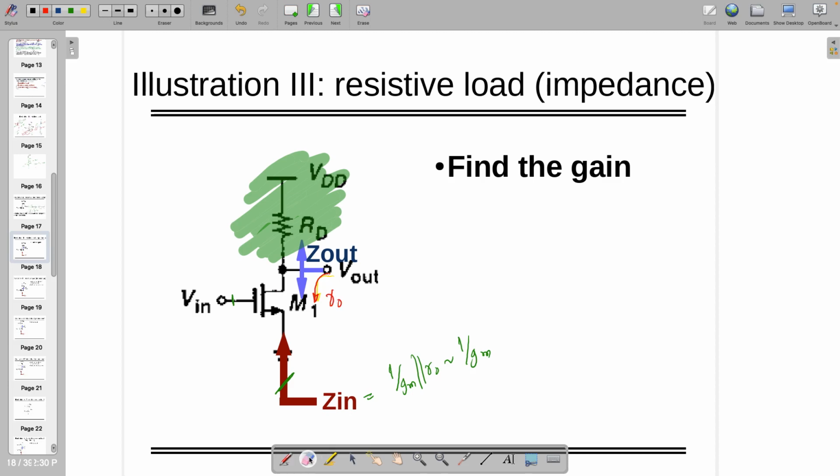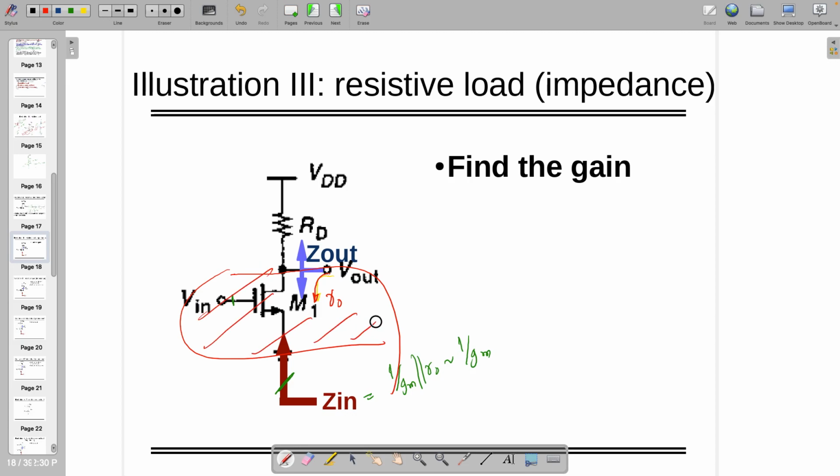Now, when you are going up, forget about the lower part, forget about this, and look at the upside, RD. Note that whenever there are two branches like this, then they are in parallel. So effectively at the Vout terminal, I am going to see RD in shunt with RO. Note that when you are doing this, VDD becomes ground.